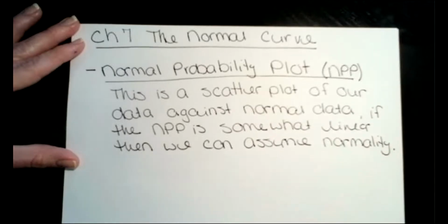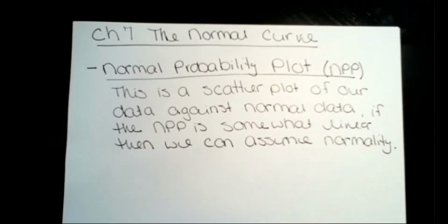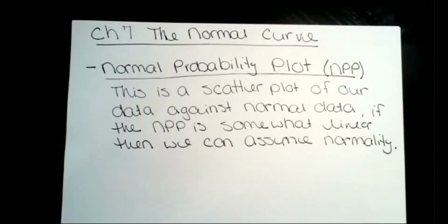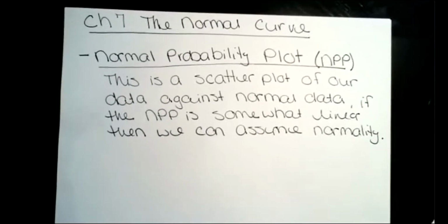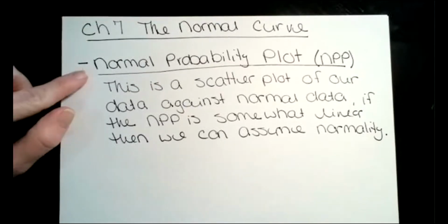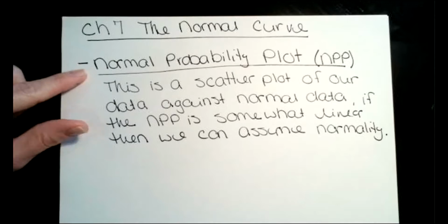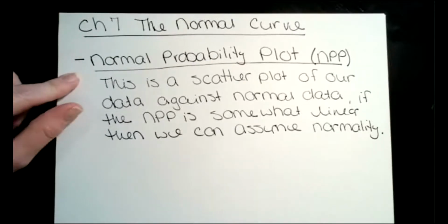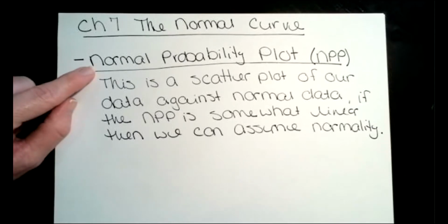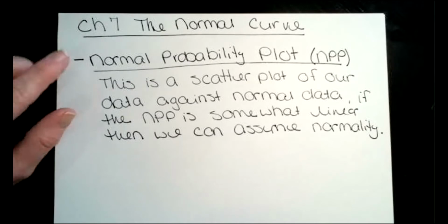So if you remember back in Stat 1, I try to focus this camera a little bit. That might not be any better. So what we did in Stat 1, we took a look at an NPP and we asked our technology, maybe it was Minitab, maybe it was a calculator, to draw this NPP for us. It wasn't anything we did by hand.